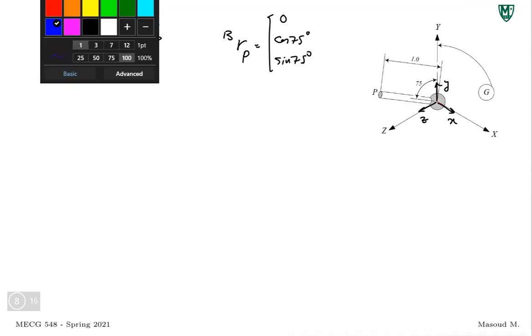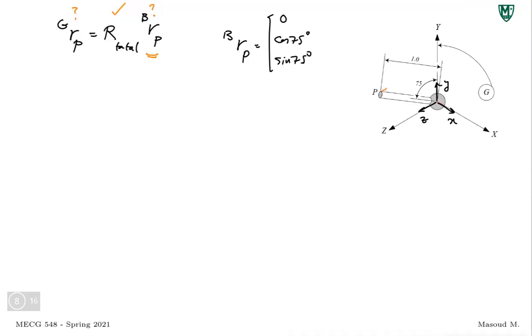You can see it here: if this angle is 75 degrees, this becomes cosine 75 degrees, and the z value becomes sine 75 degrees.